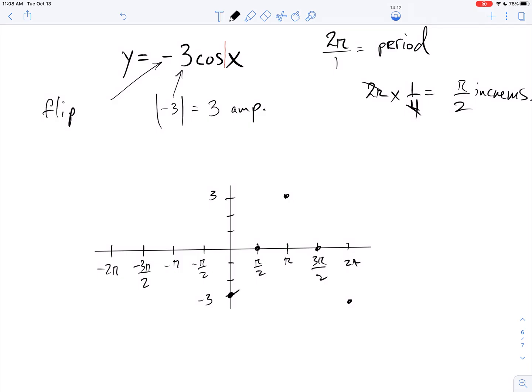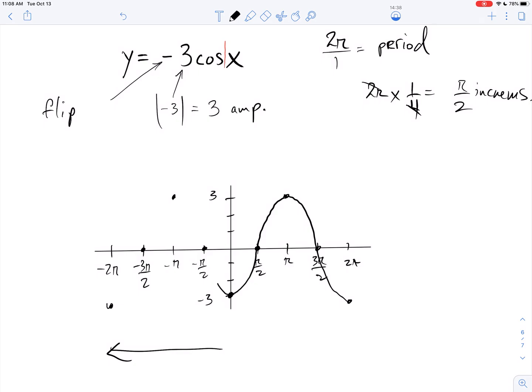So when I connect these dots, what's happened is this cosine graph has kind of been stretched out. Look at the notes that I gave you guys at the beginning. So that guy has been stretched out a little bit. And then if I go in this direction, keep the pattern. On the line, above the line, back on the line, below the line.